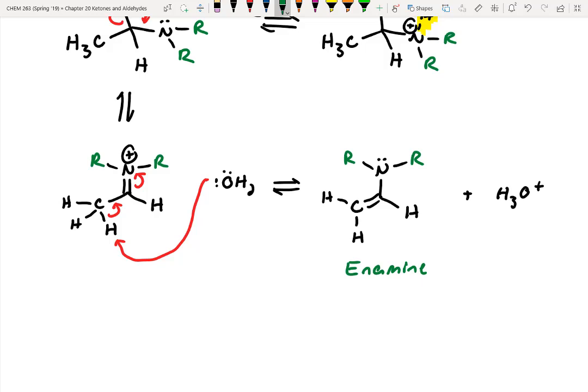So then people push it to the right, you have to just remove water as you go. So if we want to push the reaction towards the enamine or the imine, one simple trick is remove water from the reaction mixture. There's a ton of tricks for doing that. Like I said, there's glassware and distilling techniques for doing that.